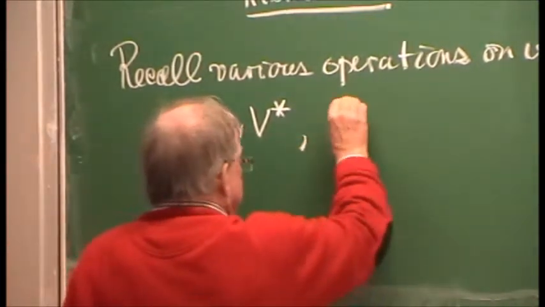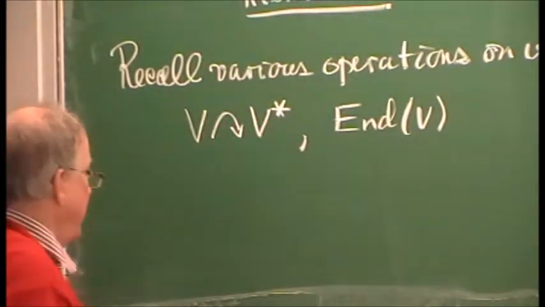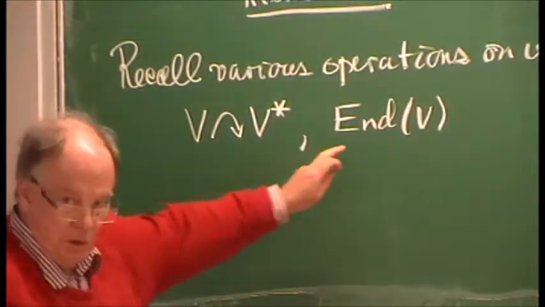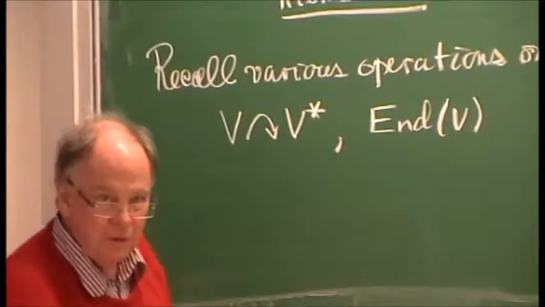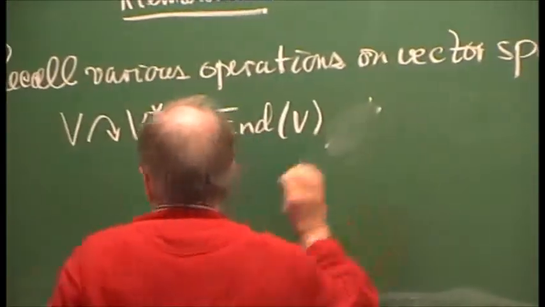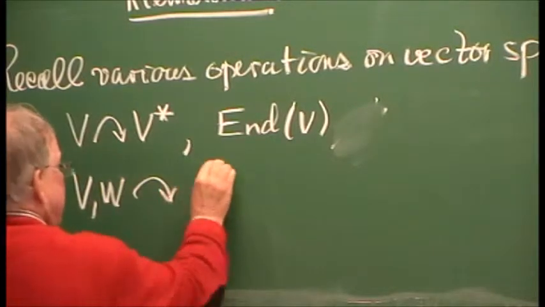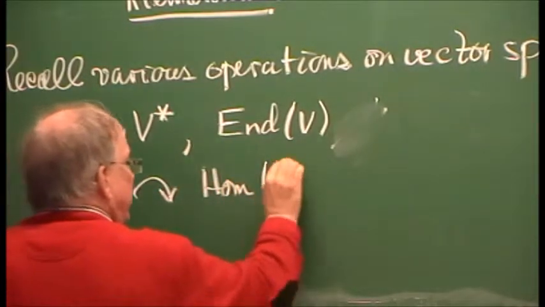Well, another thing is this. Associated to a vector space is the space of linear transformations. Associated to two vector spaces, you have the linear mappings between the two.